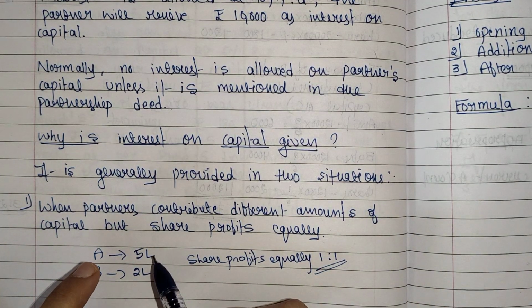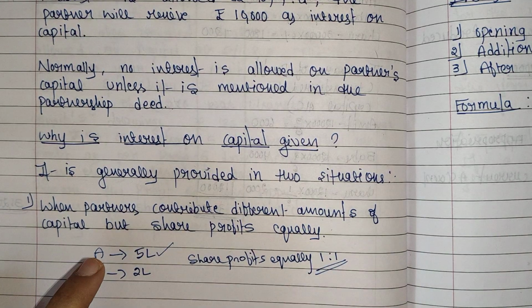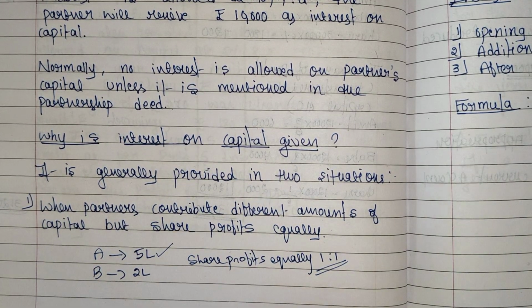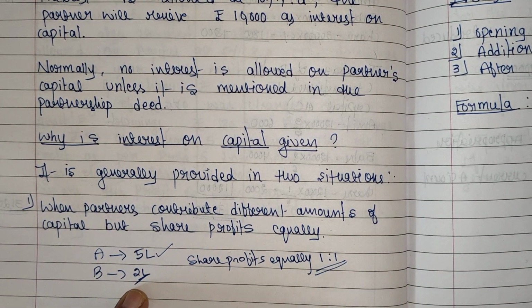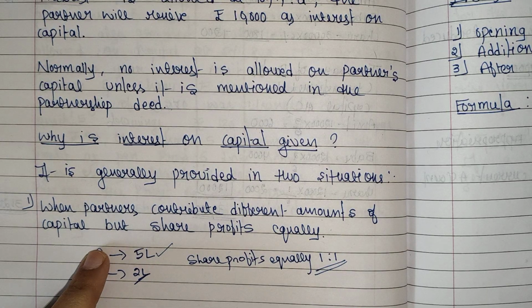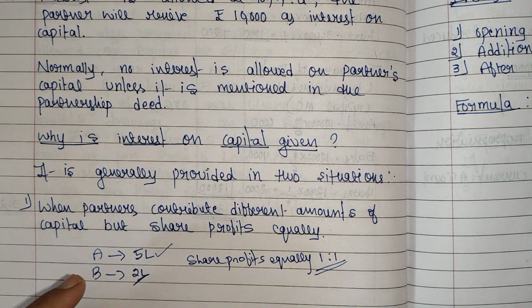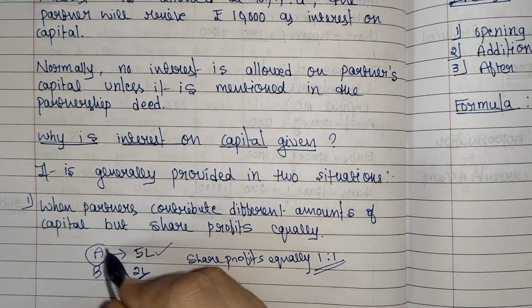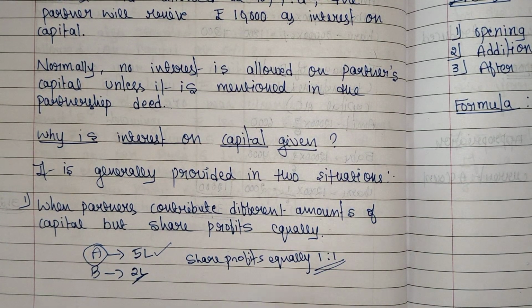See, here A has invested more money in the business compared to B. So, to compensate A for investing higher capital, the firm allows interest on capital.